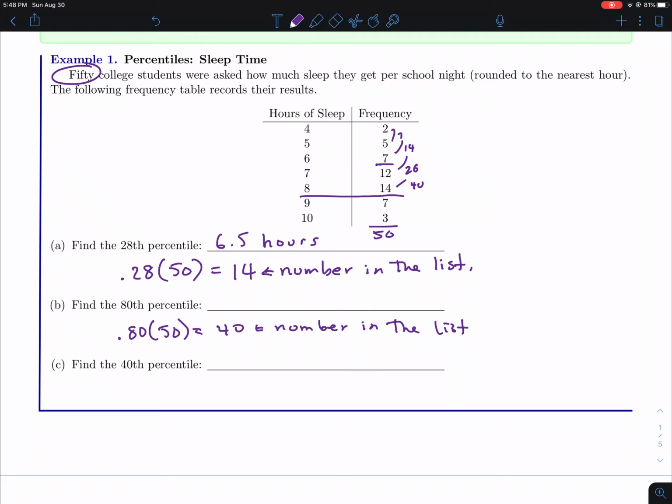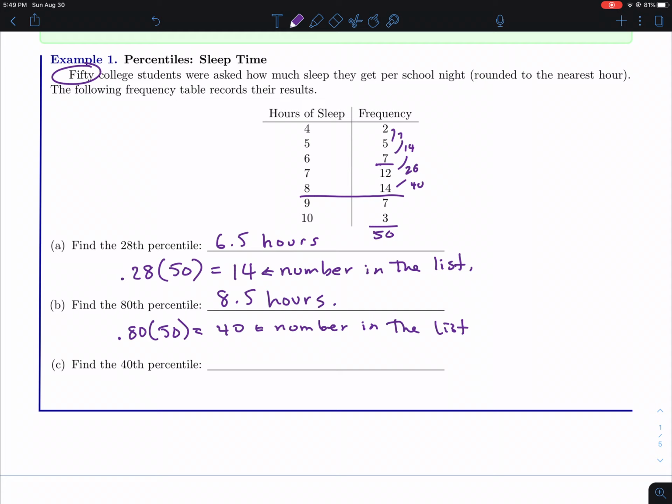So if we were talking about how much sleep below 80%, then it would be 40 people had scores of 8 hours or below, basically, in that case. But since we're talking about above 80%, then that means it would be somewhere between 8 and 9. So again, we would do the same thing and get 8.5 hours in that case.